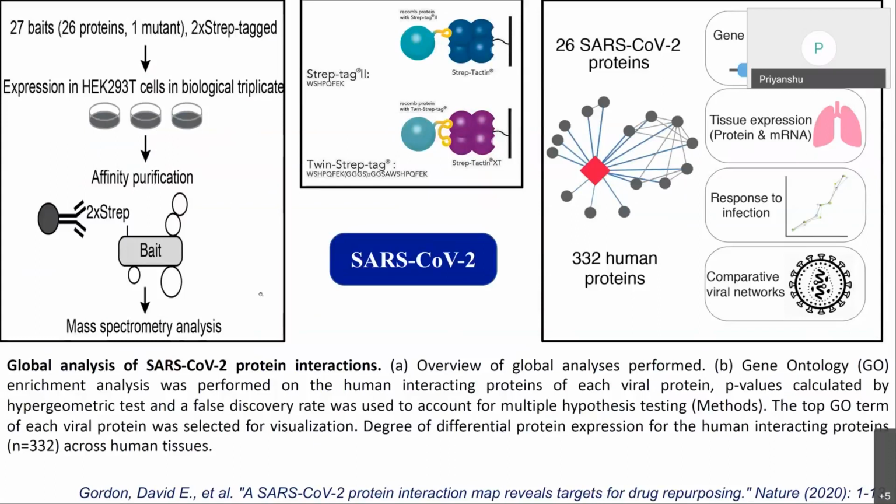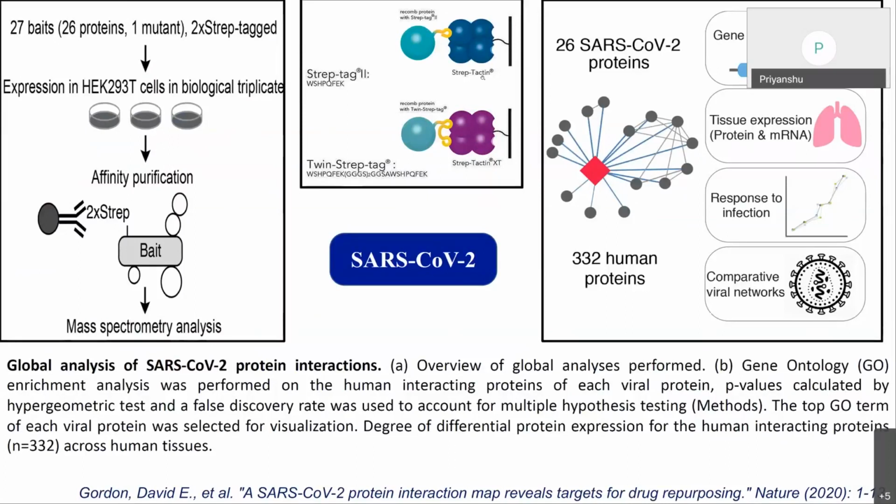In this study, they used HEK cells and transfected these protein vectors, cloned with a streptavidin tag, into the HEK cells and purified them with Strep-Tactin. For more clarity, I'm showing this as well.